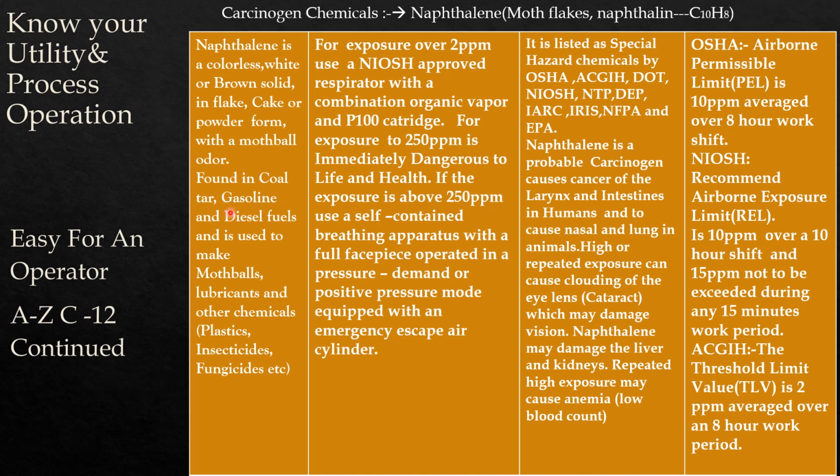Found in coal tar, gasoline and diesel fuels, and is used to make mothballs. That is the normal naphthalene balls which we are using in our houses and many places as a repellent, and in lubricants and other chemicals for plastics, insecticides, fungicides, etc.